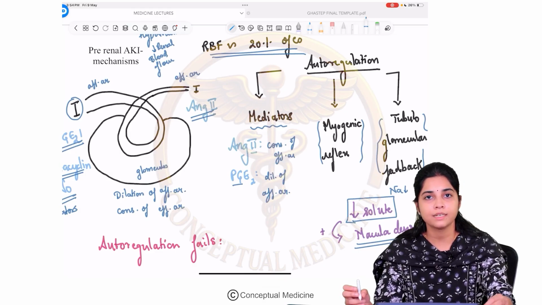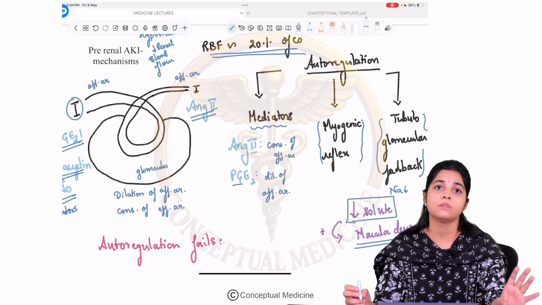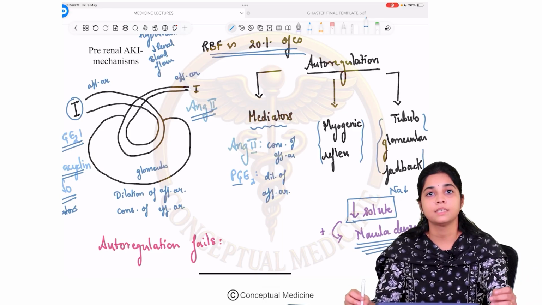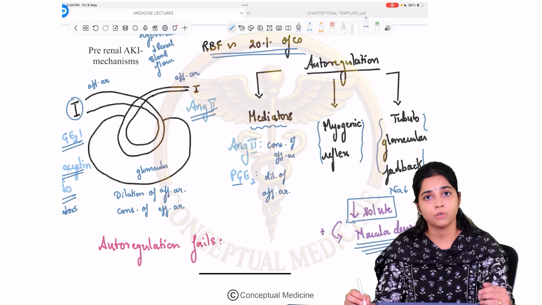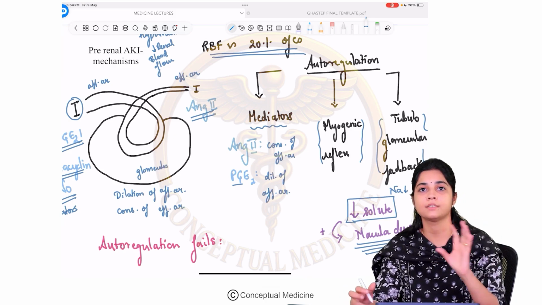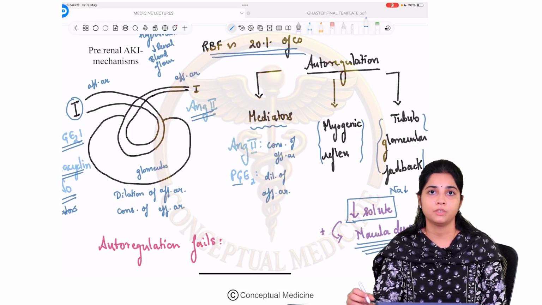The macula densa recognizes that there is a decreased blood flow, right? Then, in order to maintain the blood flow, it has to dilate the afferent arteriole and constrict the efferent arteriole, right? So this is how we have a tubuloglomerular feedback.